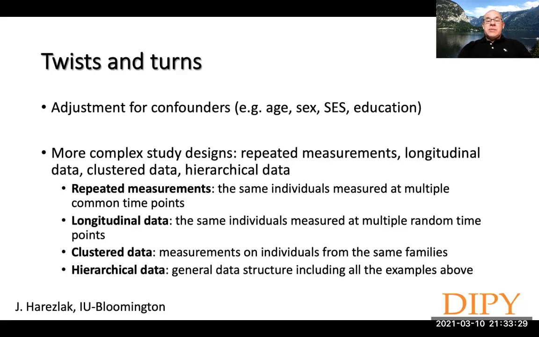However, what I will spend most of the time in this video and in general talking about today is dealing with more complex study designs. So for example, we can have repeated measurements or longitudinal data, cluster data, hierarchical data. How can we deal with that and still answer the primary questions that we might have here?